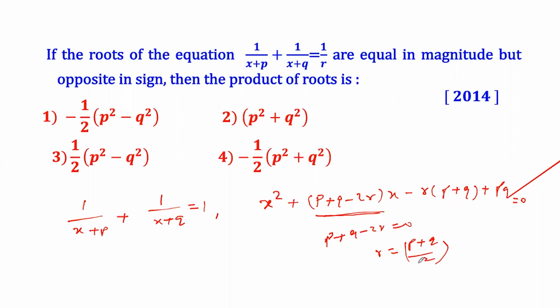Okay. And what we have to find? We have to find the product of the roots, right? We have the relation, and the product of the roots alpha into beta is nothing but minus r into (p plus q) plus pq.